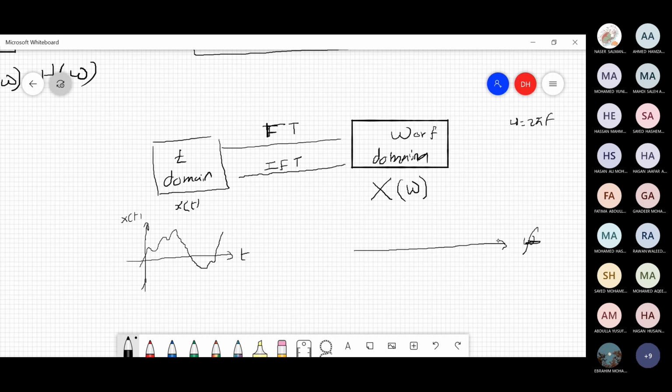And here you will see something like this. So this is 1, minus 1, this is 2, this is 3, and so on, minus 2, and minus 3, and so on. So to see this one we use an oscilloscope, while for this one we use a spectrum analyzer.